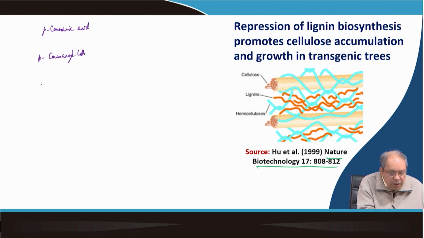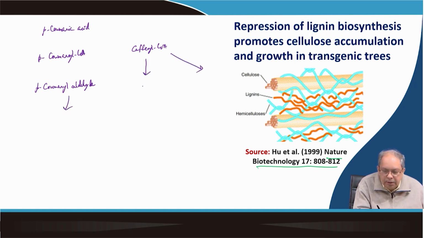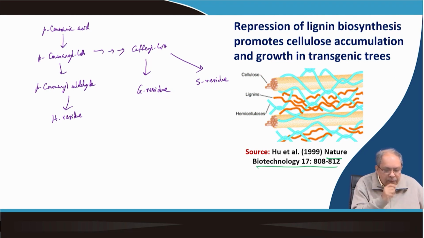Then paracoumaroyl CoA either makes coumaryl aldehyde, or it may make caffeoyl CoA, and eventually that contributes to the G residue, S residue, and this is the H residue. Okay. The enzyme here is 4-CL.